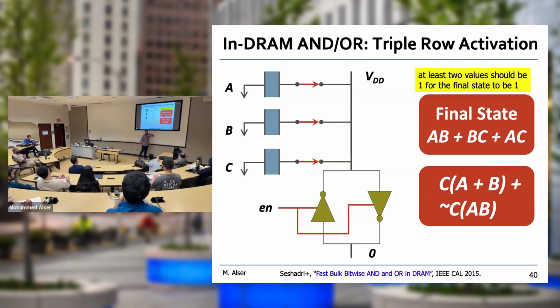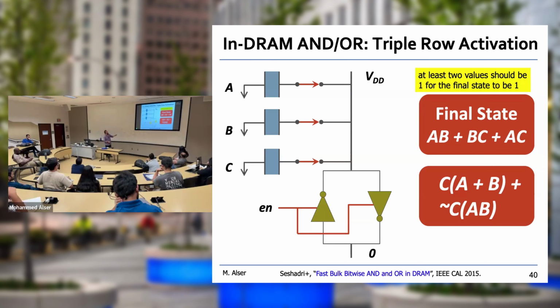If C bar is a 1, meaning that the input is 0 for C, I'm canceling this, so it's no longer an OR operation, and I'm activating this, so it will be A times B. So if C is 0, A times B, initially 1 and 1, gives 1. You can try yourself for 1 and 0: if these two are 0 and this is 1, I'm doing an AND operation, and now 1 and 0 should give me 0.